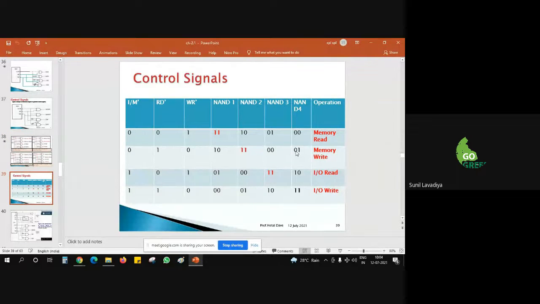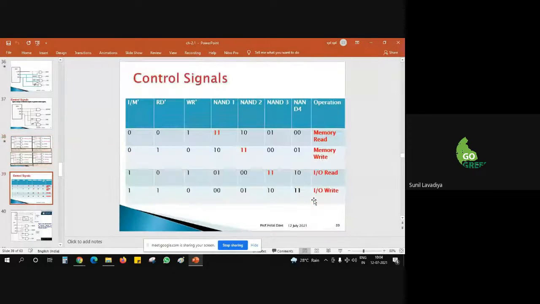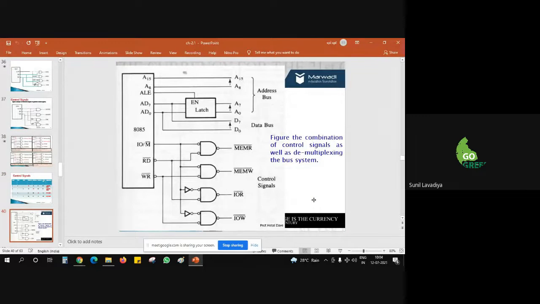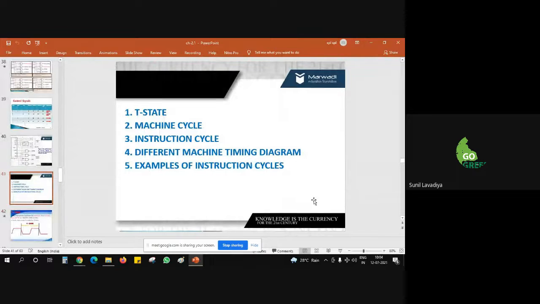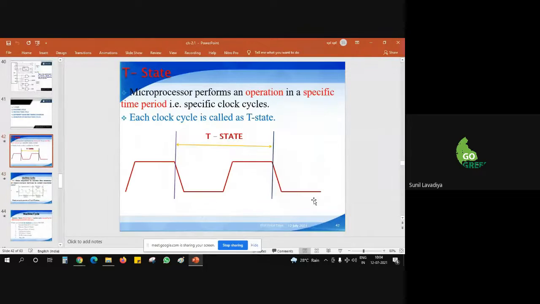We also saw the diagram in which the input values are changed, and accordingly we can identify whether it's memory read, memory write, IO read, or IO write. Based on that, we prepared a table. We also discussed some basic concepts of the T-state and the machine cycle, and I showed you a waveform using the simulator.